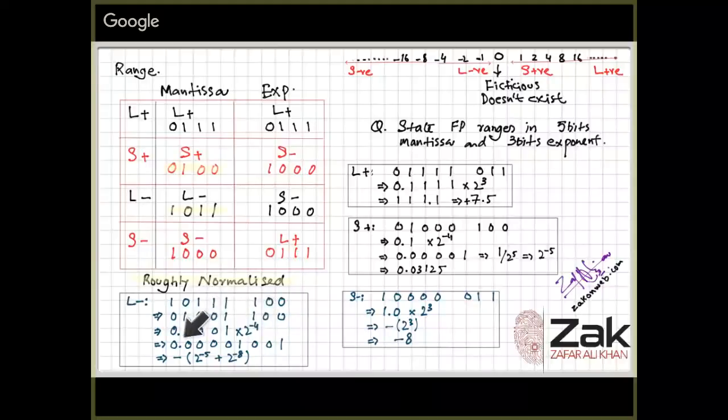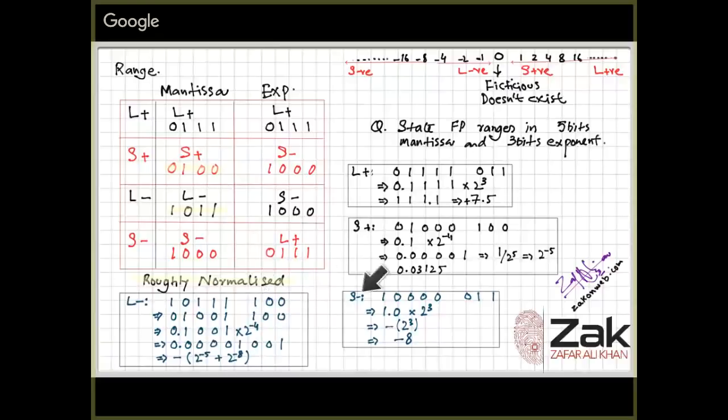So this would become 0.1001 into 2 to power minus 4. Point goes further, this has become 2 to power minus 5 plus 2 to power minus 8, and the sign is negative because of this. You don't have to solve it further. If you have the will, you may go ahead, but calculator will not be allowed. Okay, you can leave it here.